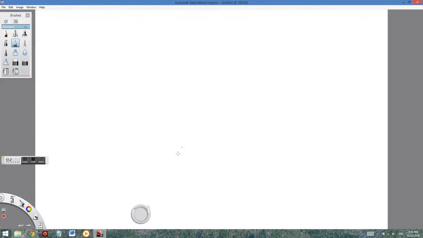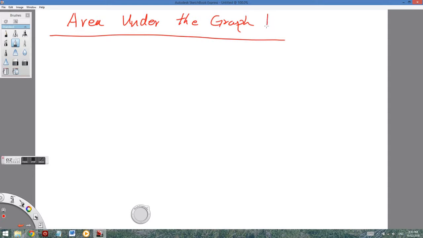Now let's talk about the area under the graph. The area under the graph always means something. Let me do an example.